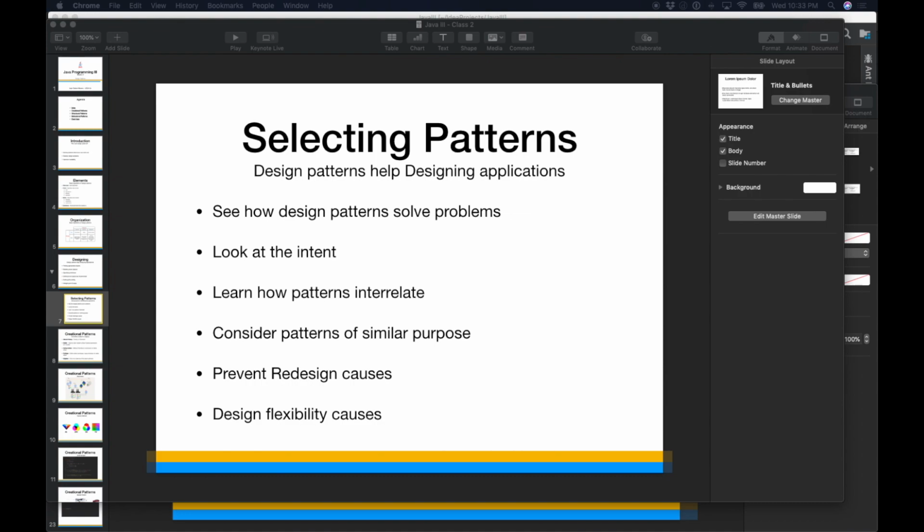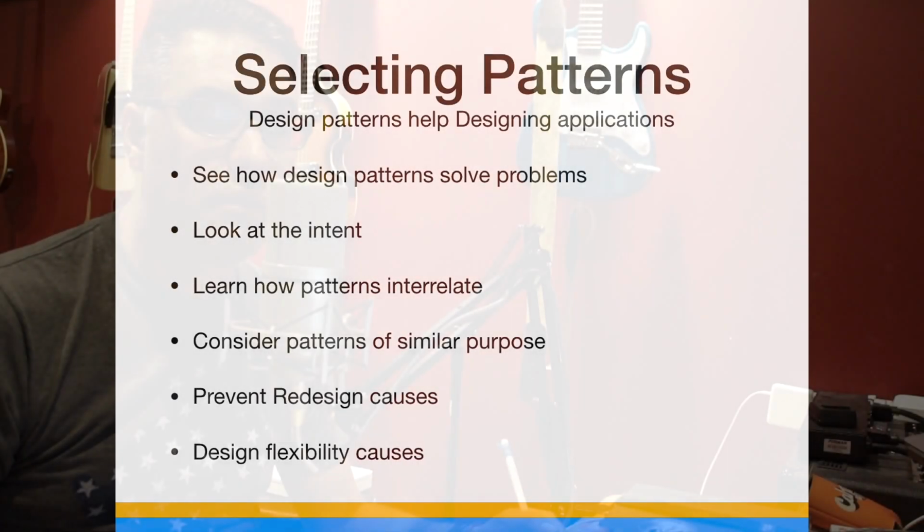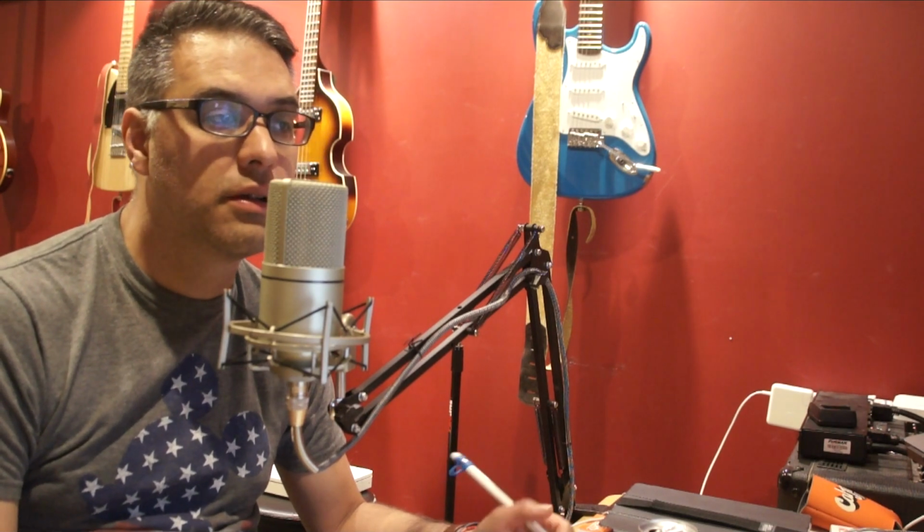Well, let's look at some creational patterns and see how the pattern might prevent redesigning some of those problems, and also how that pattern affects the design flexibility. So those are the things to keep in mind.